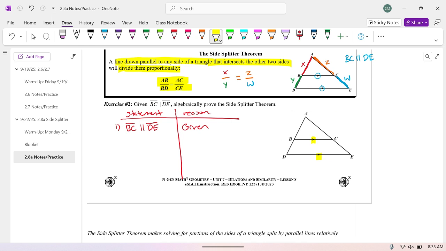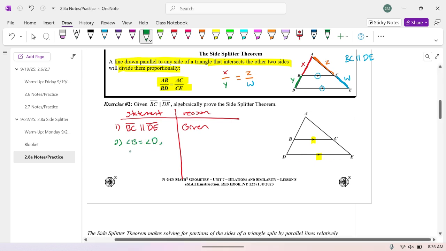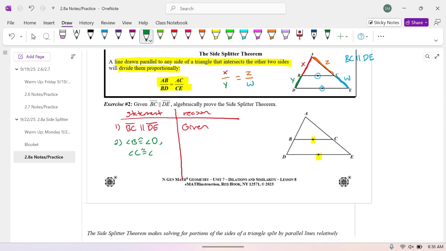Now, we need to prove similarity first. So we're going to do what we did up top and go ahead and state two of our angles being congruent. So I'm going to say that angle B is congruent to angle D, and just for room's sake, angle C is congruent to angle E, and it's because corresponding angles of parallel lines are congruent.